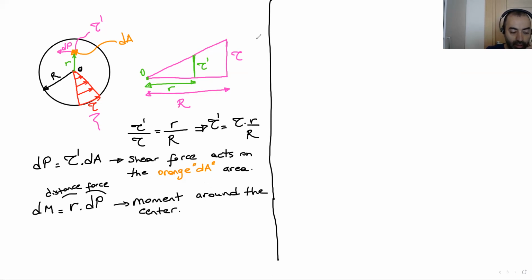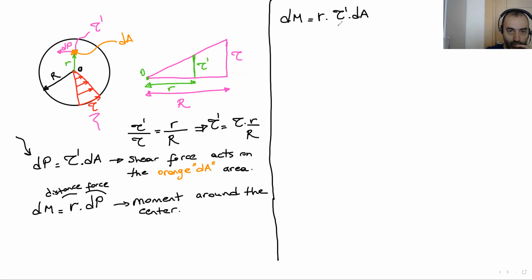So here, let's make the arrangement on the equation. Let's write here the dP in open form, dm equals r times dP, which is here, as you can see, tau prime times dA.